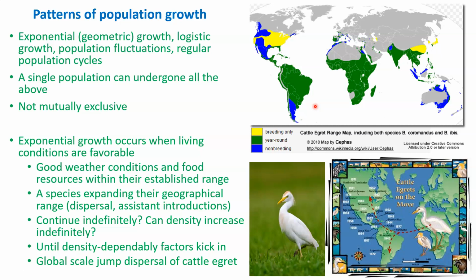Ultimately, with time, they will regain some of the population size, and eventually they might stabilize. So they will switch from exponential or geometric growth, undergo some sort of population decline, and then ultimately reach stability, right? After they reach stability, they could undergo regular population cycles or minor population fluctuations.